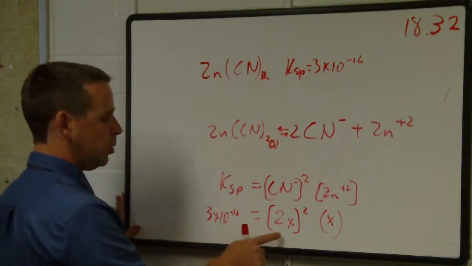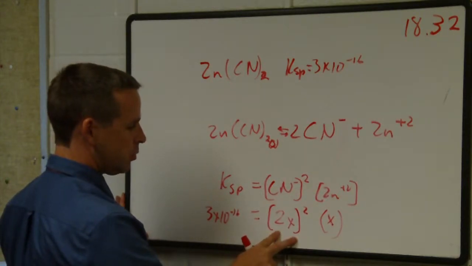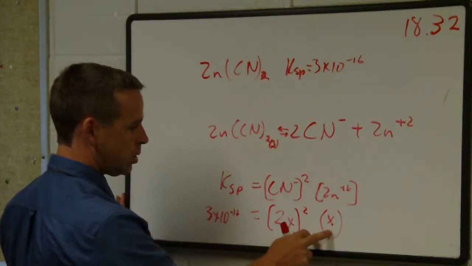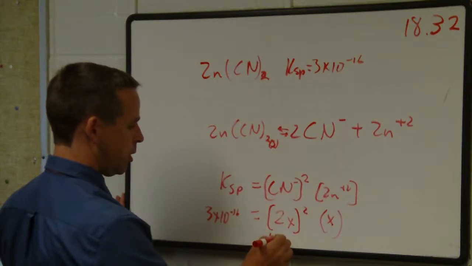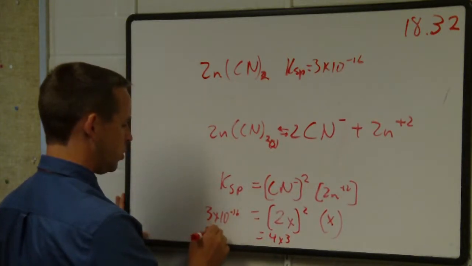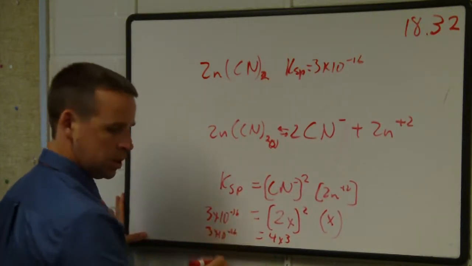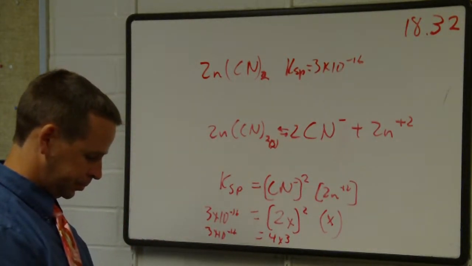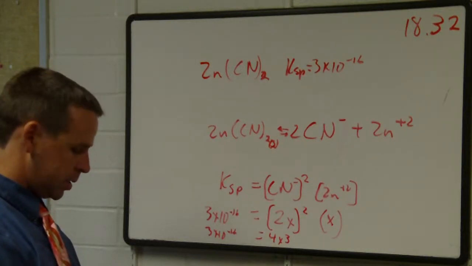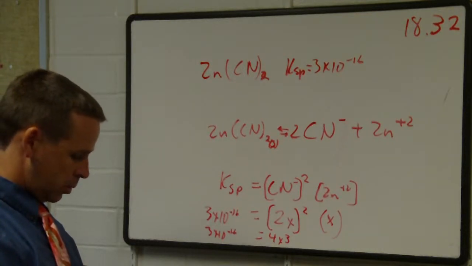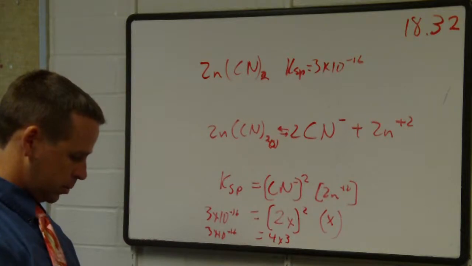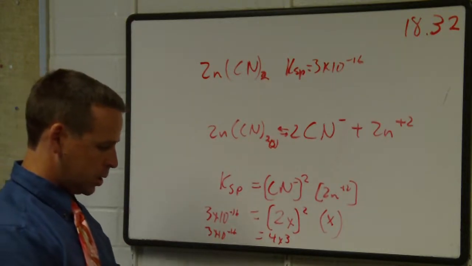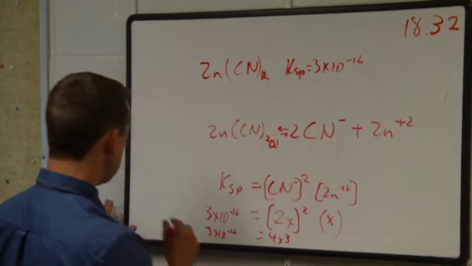Now, this is 4x squared times x, so that's again 4x cubed, and that's going to be equal to 3 times 10 to the minus 16. So 3 times 10 to the minus 16 divided by 4, and then we're going to take the cube root of that, and that's 4.2 times 10 to the minus 6.